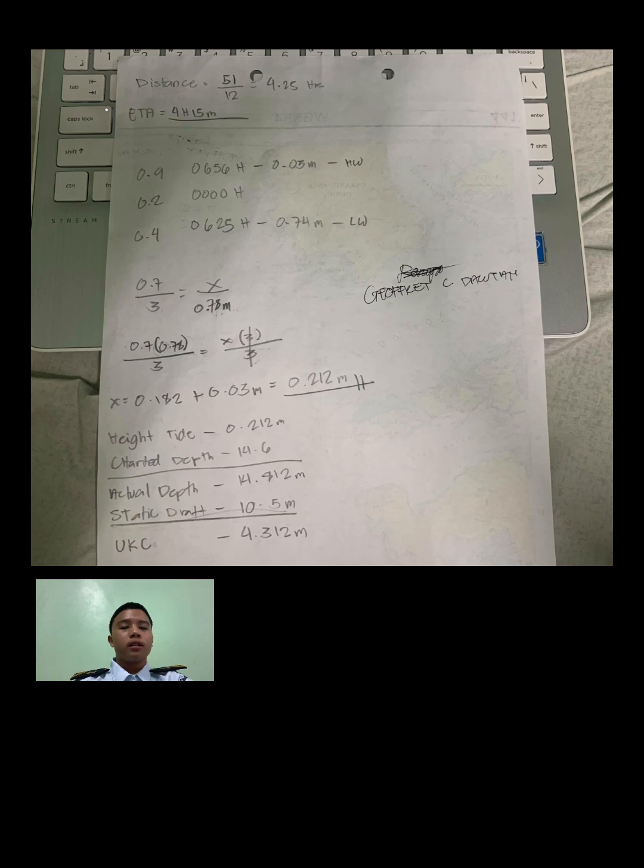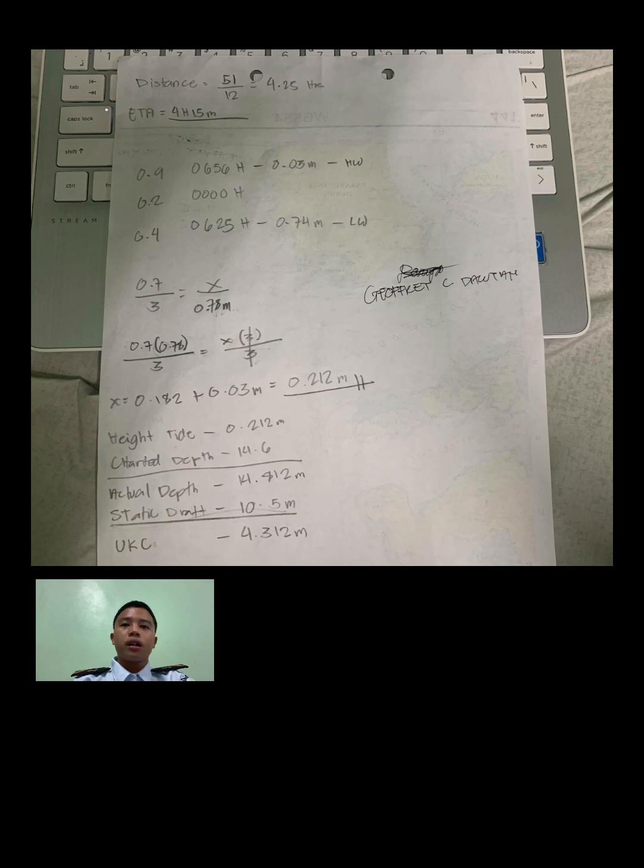Before that, the value is 0.182, which can't be used yet. We need to add the high water, which is 0.03 meters.